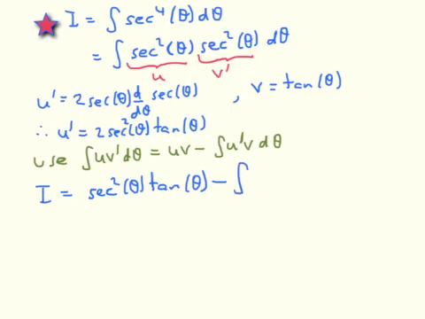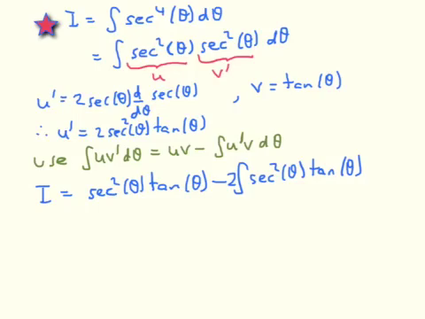minus the integral, and now it is u prime times v. U prime is 2 sec squared theta tan theta, so I'll take the 2 outside of the integral, and then we have sec squared theta tan theta. This is u prime.